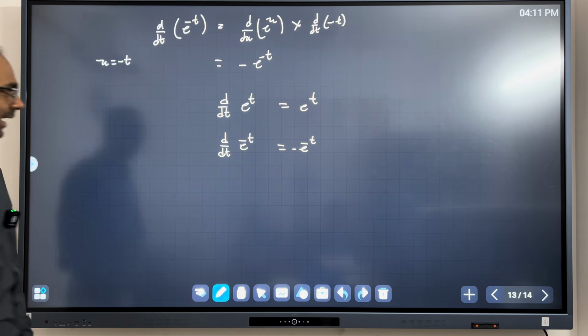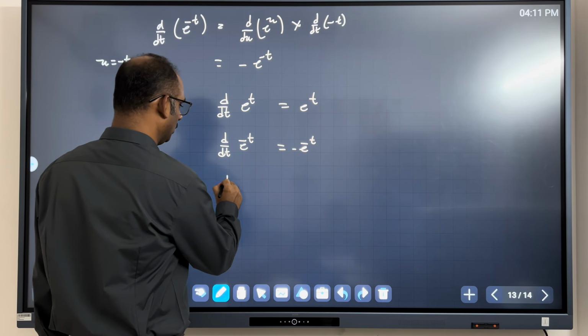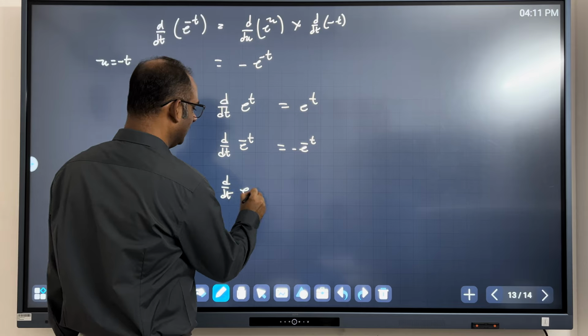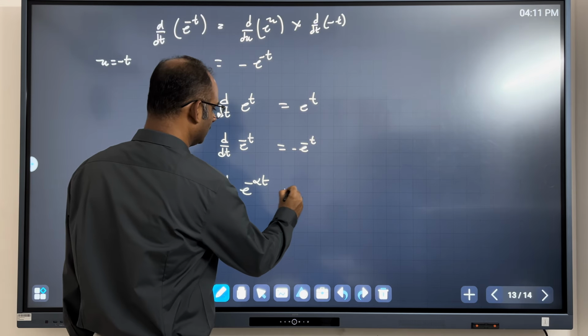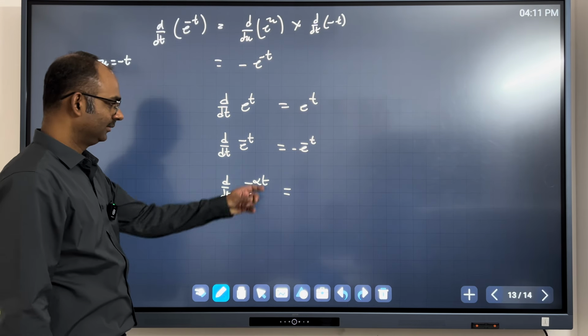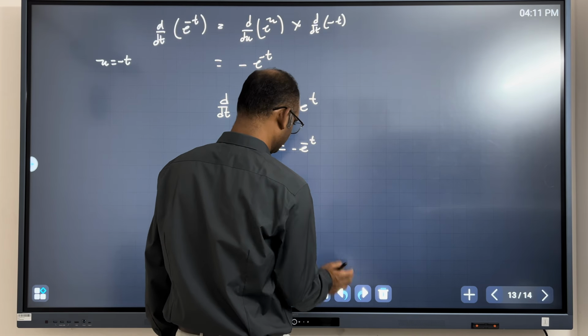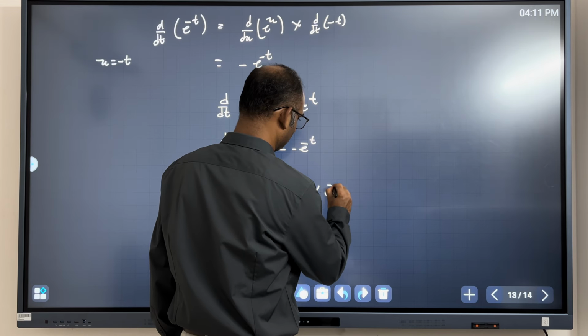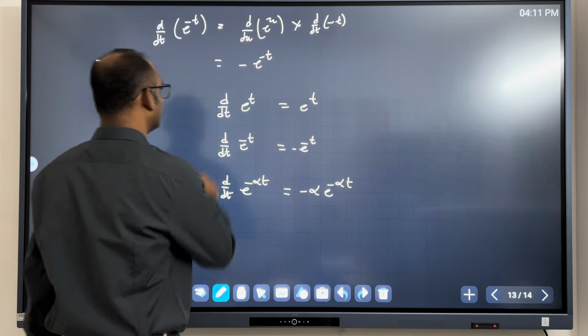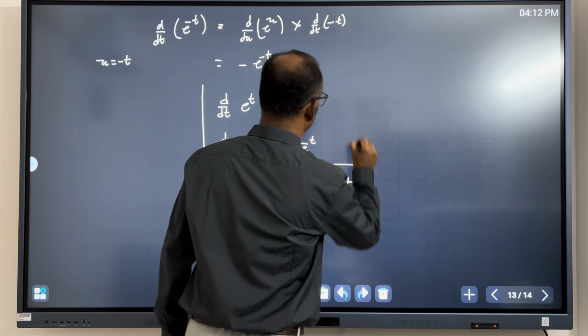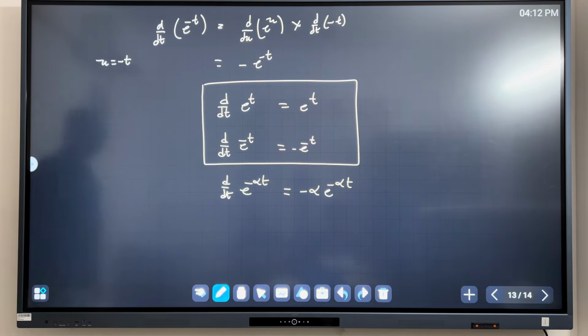Okay, and you can check. Do it orally. d over dt of e to the minus alpha t, where alpha is some constant, will be minus alpha e to the power minus alpha t. Very good. These two we should remember.